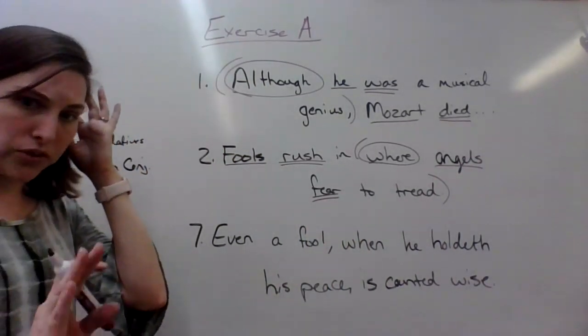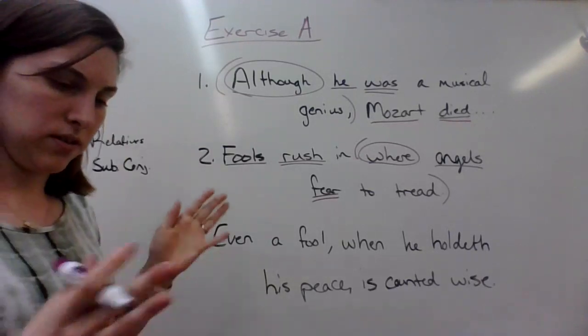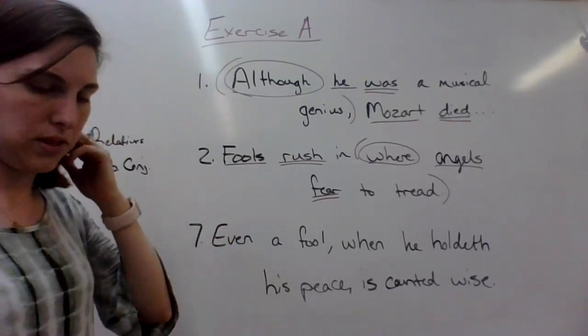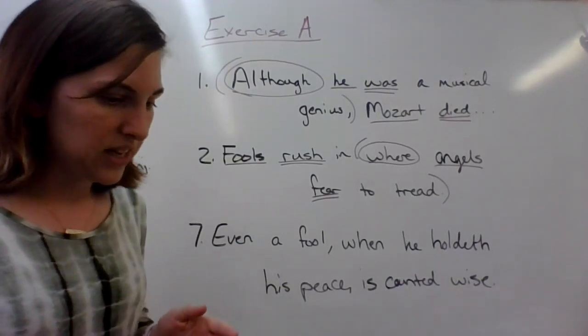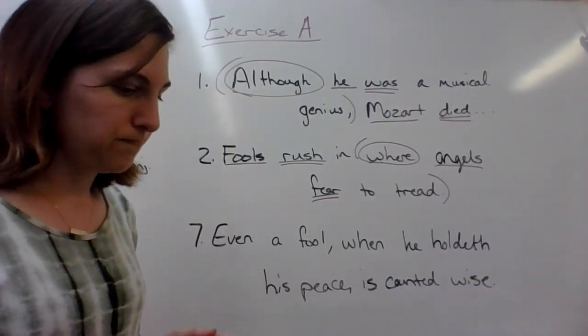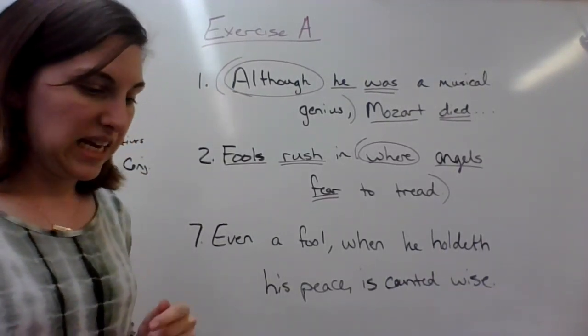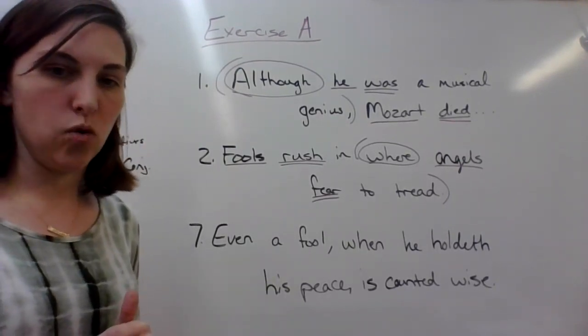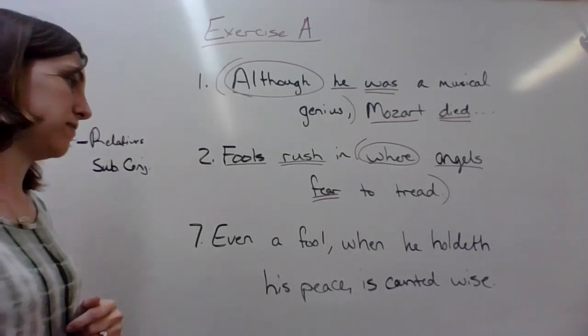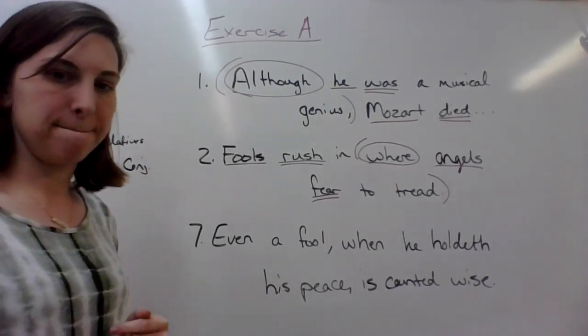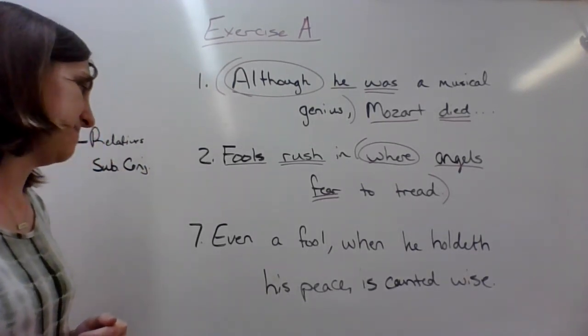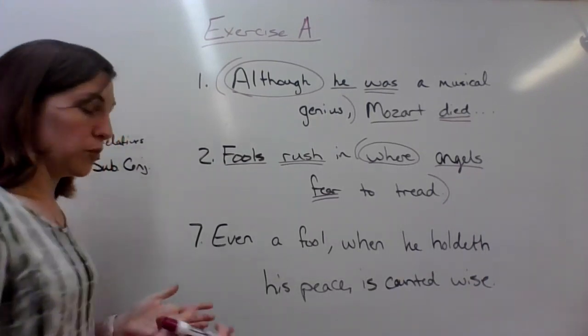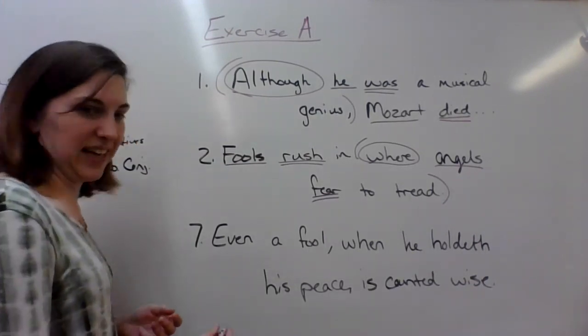And then jump to number 7 with me. Number 3 was really long, so I didn't want to put that on the board. But number 7 is a good one to go to now. Jump down there with me. Even a fool, when he holdeth his peace, is counted wise. Give you a second to look for the introductory word. It's also really easy because it's set off in commas as well.